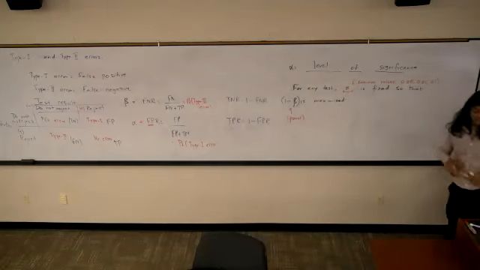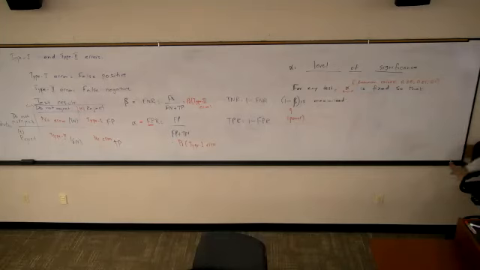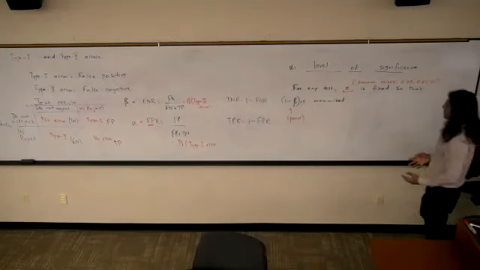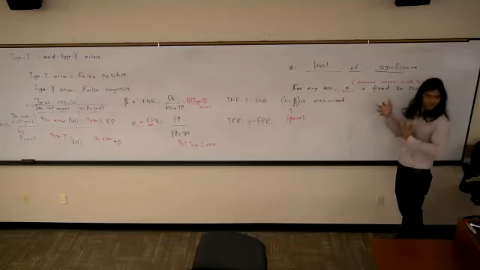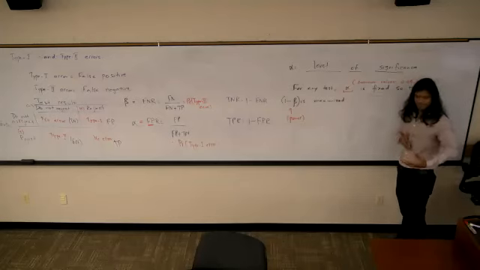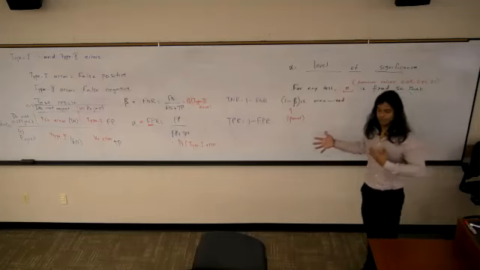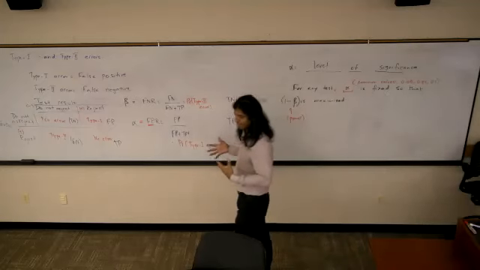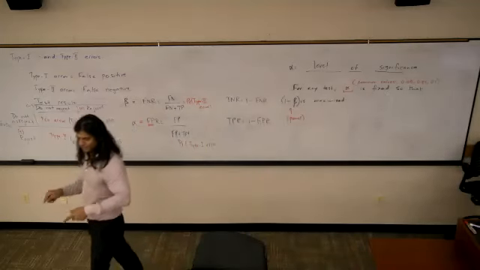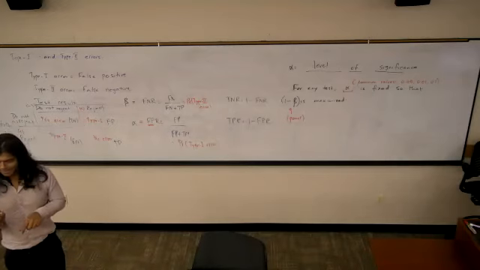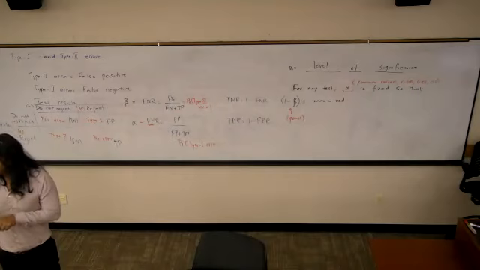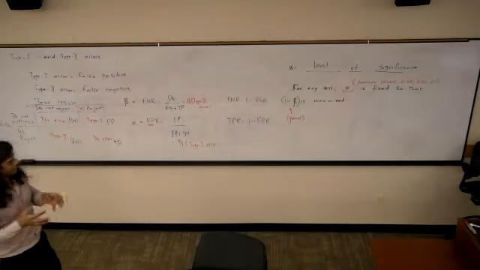Oftentimes the confusion happens right here. And people start wondering, what is he talking about? Alpha is fixed, 1 minus beta is maximized. This is nothing like what I did in an introductory class. All I did is I plugged in a bunch of data and put it in a TI calculator, pressed a bunch of buttons, I got an answer.